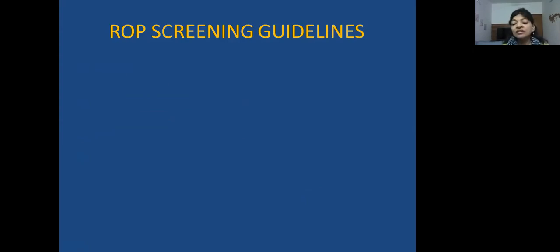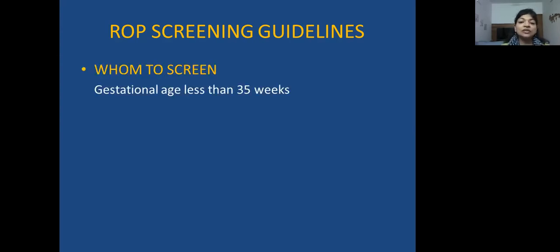So important ROP screening guidelines: you need to know whom do you screen for ROP and when do you screen. So these are the current Indian guidelines that any child who's born less than 35 weeks gestational age with a birth weight less than 2000 grams, it's mandatory that they are screened for ROP. In addition to that, like I had told you, even a full-term baby with any of the risk factors in the previous slide, they need to be screened for ROP.